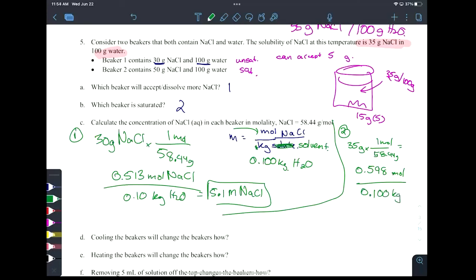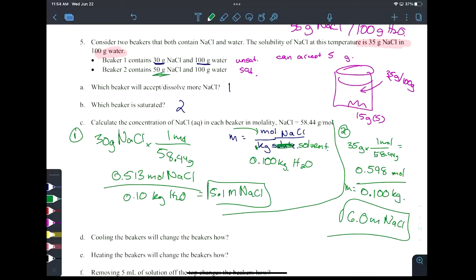It's just a unit thing, okay? And so there we go, that's molality, and I think it's 6.0 molality. NaCl is in beaker 2. So the idea here, probably the most common mistake for determining the molality of a saturated solution, is students will use the 50 number.